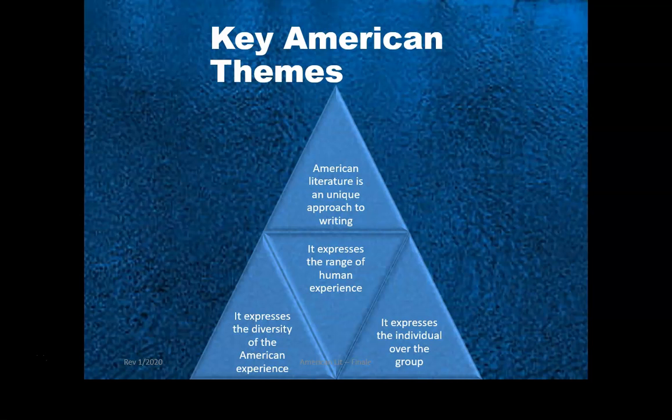So what did Americans write about? American literature is a unique approach to writing. It tends to be very individualistic and very much looking at nature, originality, creativeness, individualism. It covers the range of human experiences, from lofty self-sacrificing to downright raunchy stories.